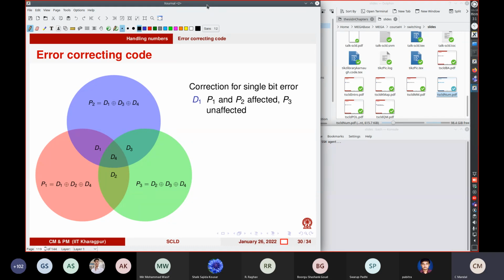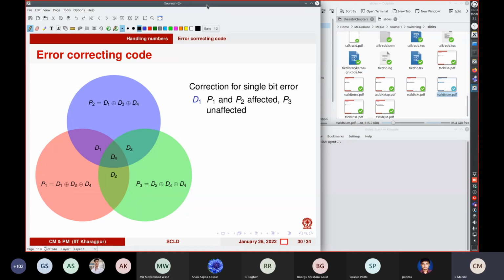For the time being we are more interested in errors in the data bits, but of course the errors can be in the parity bits also. So first let us see the effect of error on these data bits. We consider a single bit error.